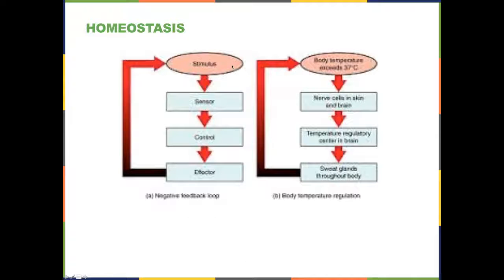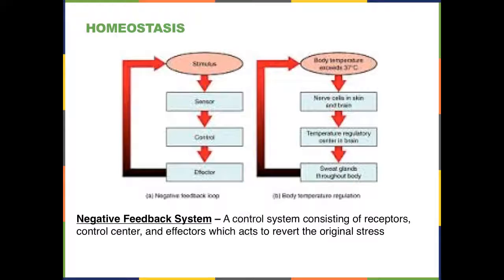Now, homeostatic mechanisms can be one of two types. One is called a negative feedback loop. This is a control system where it has the receptors, control center, and effectors, but it acts to reverse whatever the original stress is. So if the stress is cold, it will seek to warm the body up.